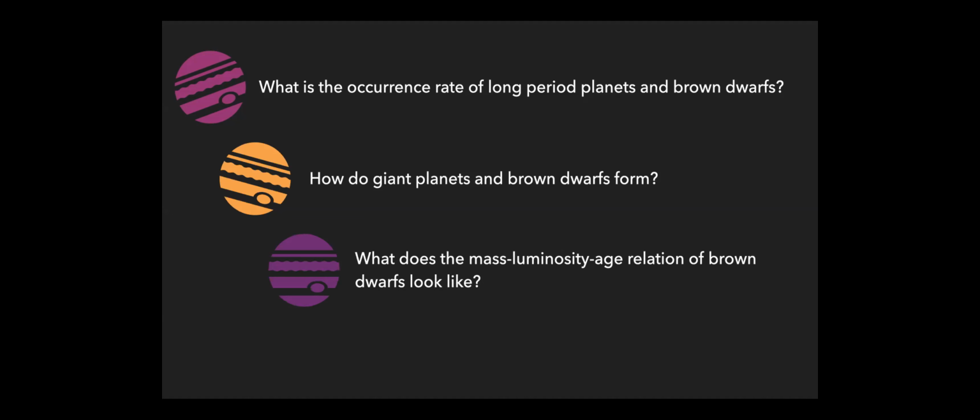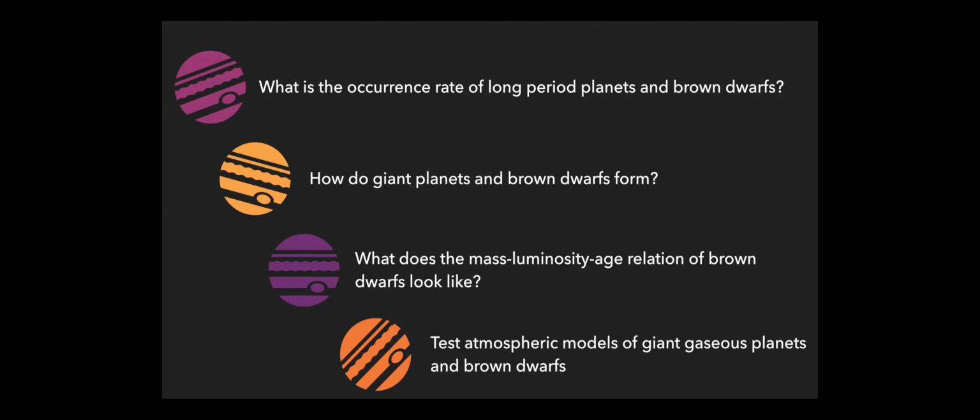Furthermore, if we are able to detect, for example, brown dwarfs with dynamical masses, model independent masses, then we can start to constrain the mass luminosity age relation of such objects. And if we look at their atmospheric and spectral properties, then we can start to test atmospheric models of giant gaseous planets and brown dwarfs.